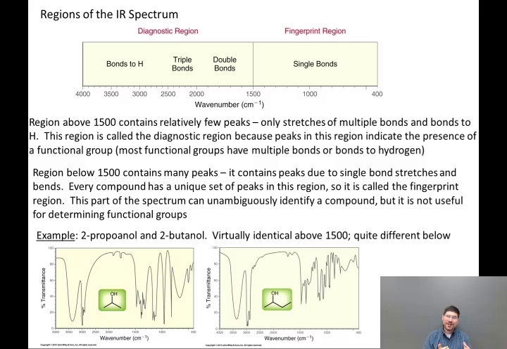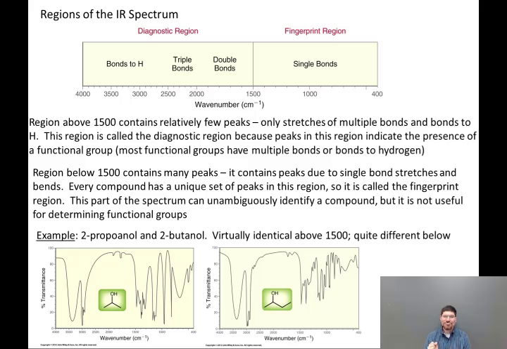So part of quality control at, for example, pharmaceutical manufacturers is they run IR spectra of each batch that they make of a drug. They run other types of spectra also, but one of the important quality control tests is to run IR spectra, and they have to match exactly. If there is any difference in the IR spectrum, that could be indicative of some impurities present.